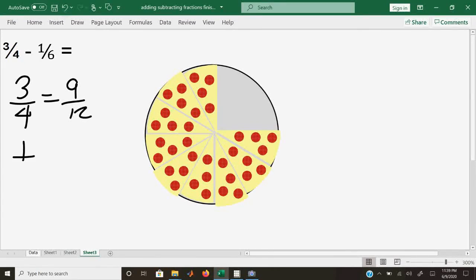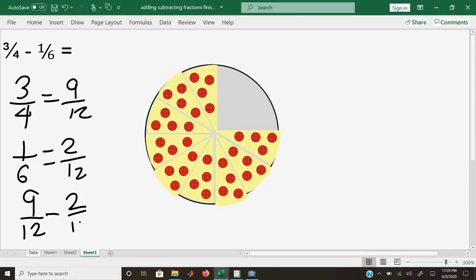And 1/6 ends up being 2/12. And if we eat 2/12 of the pizza, we're going to end up with 7/12.